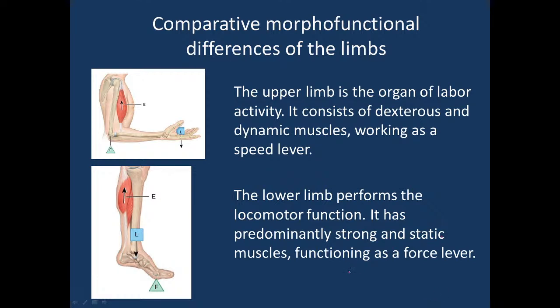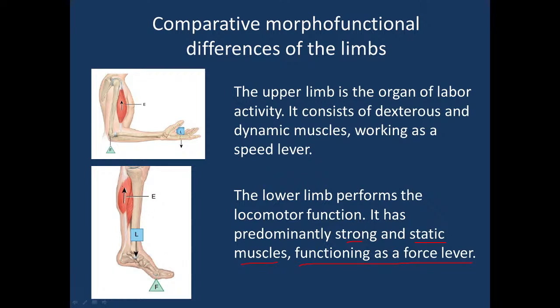The lower limb has predominantly strong and static muscles. What does it mean? That means that these muscles produce force, they are really strong. So they work as a force lever.